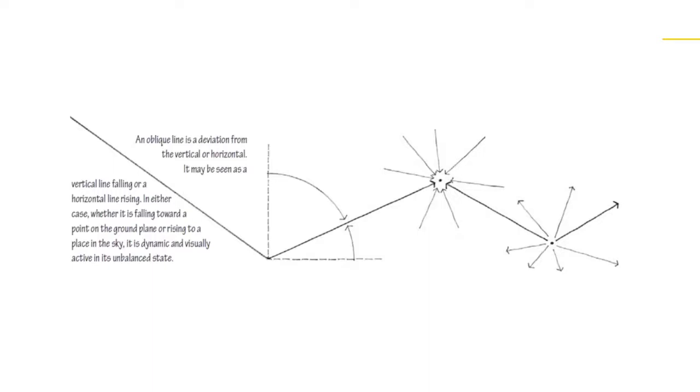In design, whether in architecture or interior design, this oblique line creates an active state. For architecture, a good representation would be the Leaning Tower of Pisa.